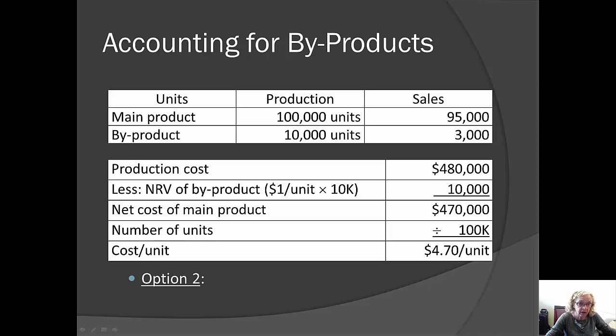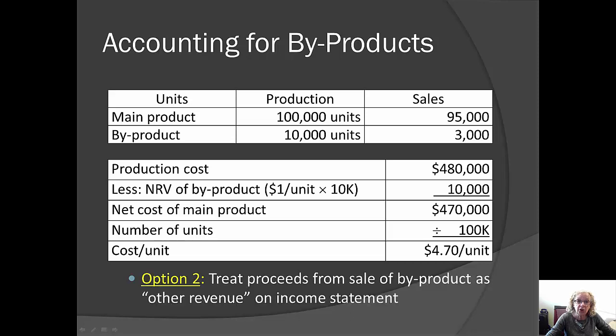An alternative way to handle byproducts, rather than using their value to reduce the cost of the main product, would be to record the byproduct under other revenue on the income statement. That tells people this is not what we do for a living, but it is something else that will make our net income larger.